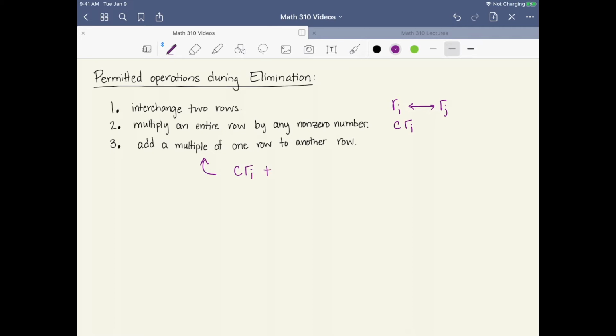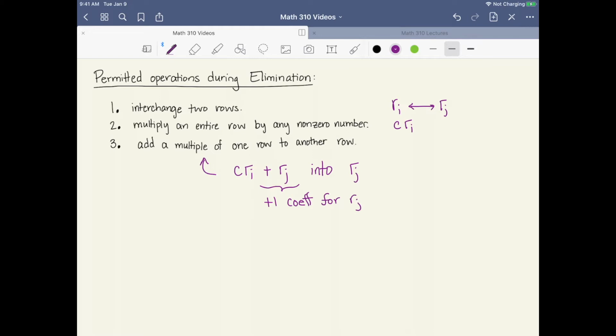C R_I plus R_J is going to go into row J. In particular, if I have a non-zero multiple of one row, that's going to be the row that is not the row I am replacing. The coefficient of R_J is a +1, not a -1, and not any other multiple.